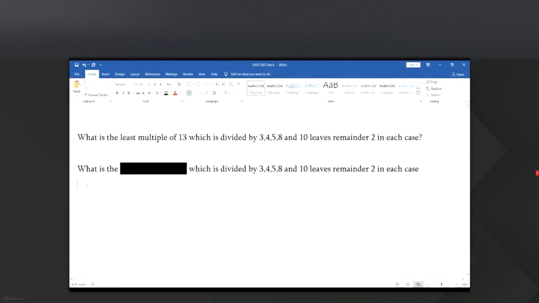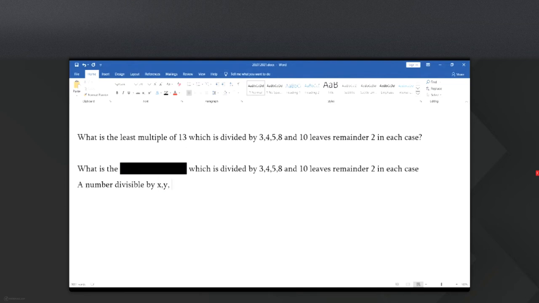Say you want to find a number divisible by x and y.